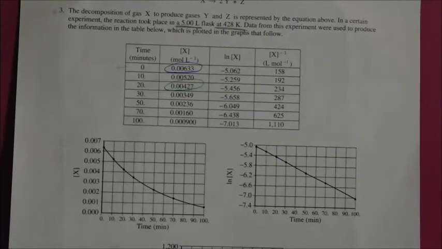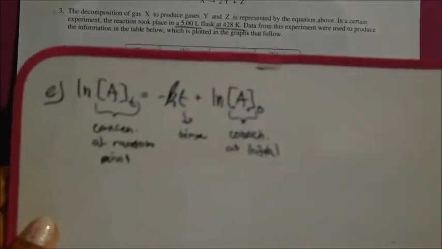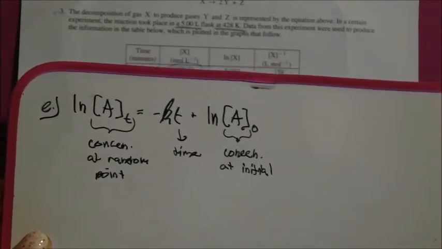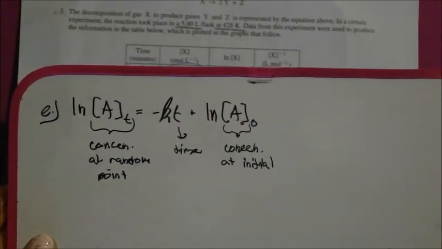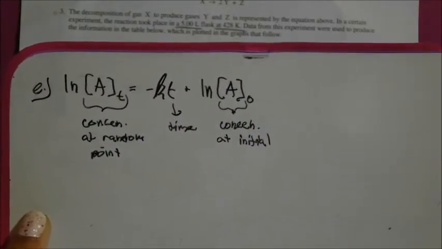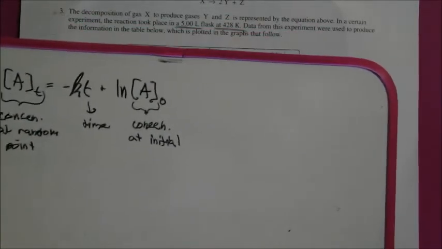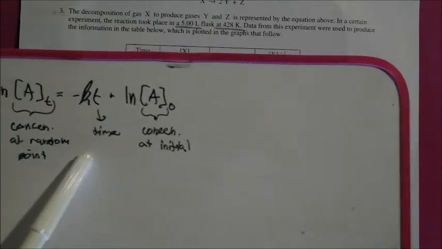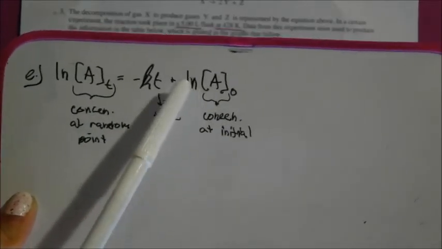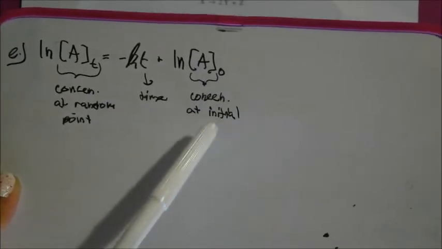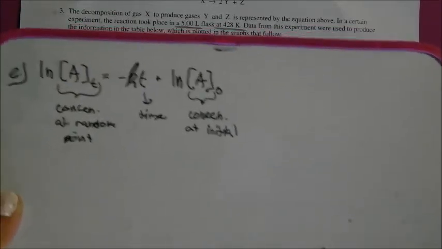Okay, so for this problem, you basically have to use the integrated rate law equation, which looks like this, where the concentration of A at T is the concentration at a random point. T, right here, represents the time, and the concentration at 0 is obviously the concentration at initial.